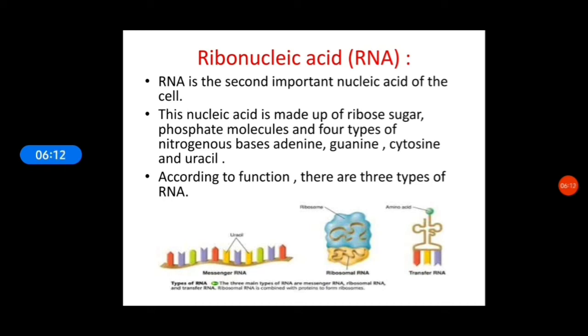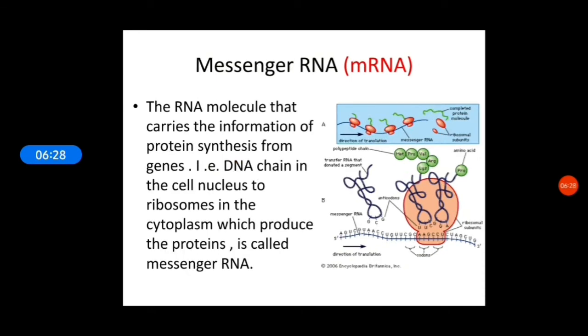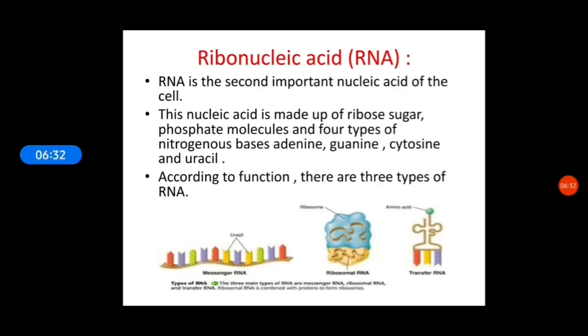Large numbers of nucleotides are bonded together to form the macromolecule of RNA. According to the function, there are three types of RNA, that is rRNA, mRNA, and tRNA, as you can see on the screen.